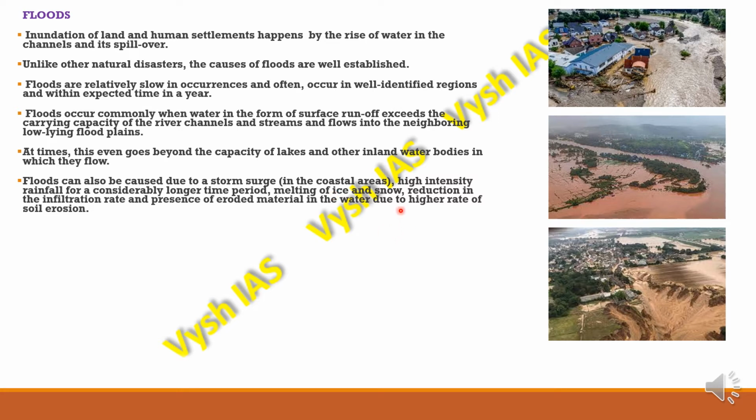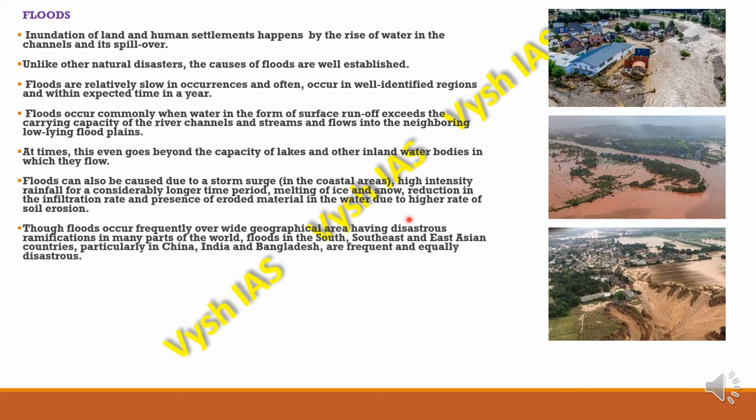That is how floods take place. Also there is a reduction in the infiltration rate and the presence of eroded material in the water due to a higher rate of soil erosion. Though floods occur frequently over a wide geographical area, they have very disastrous ramifications in many parts of the world in the longer run.